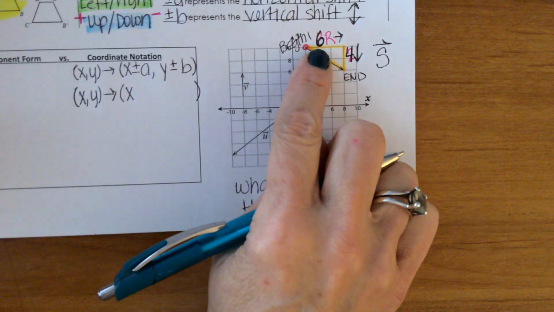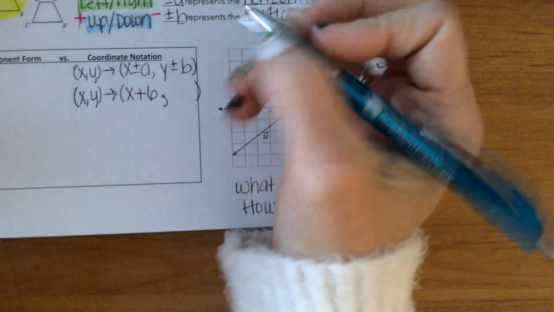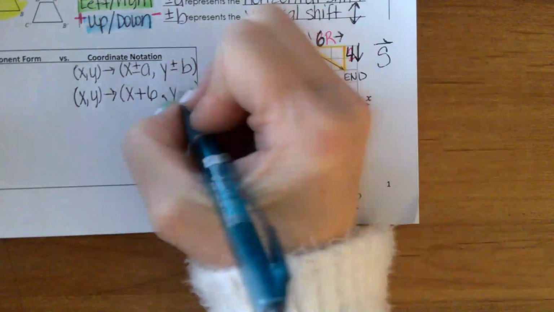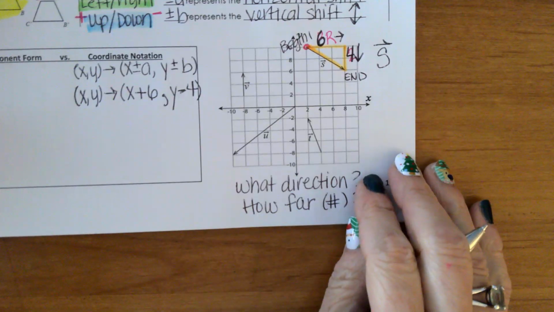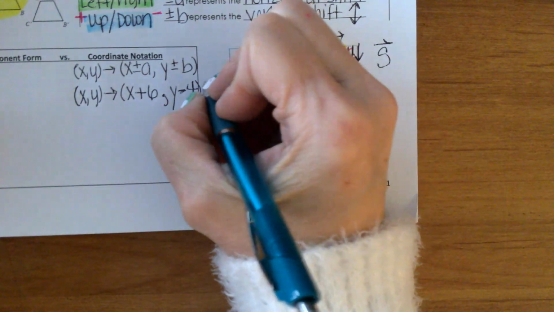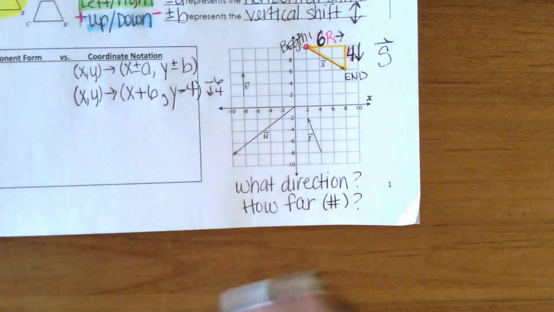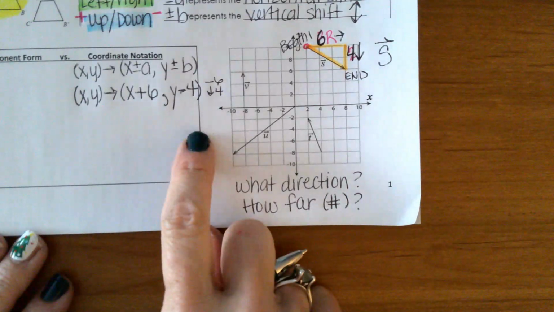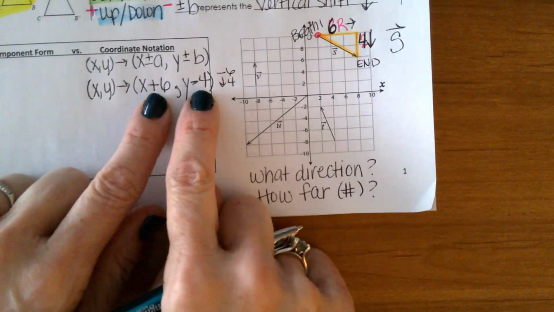I moved 6 to the right, so it would be x plus 6, comma, and then y minus 4, because I went down, right? We went 6 to the right, and we went 4 down. Does that make sense? Okay, so we're putting those numbers in that spot. That's the A and the B.